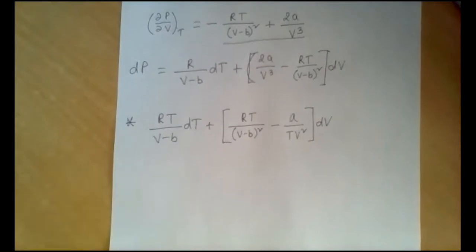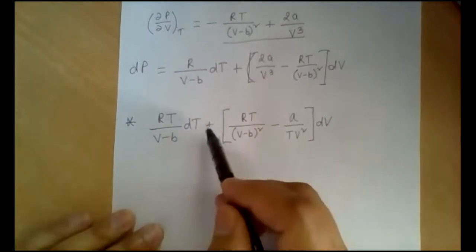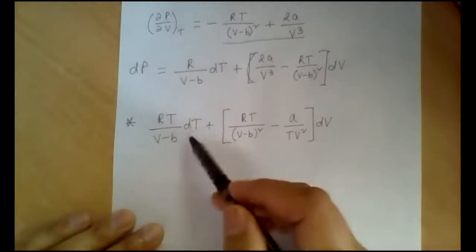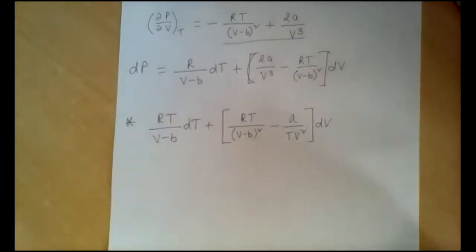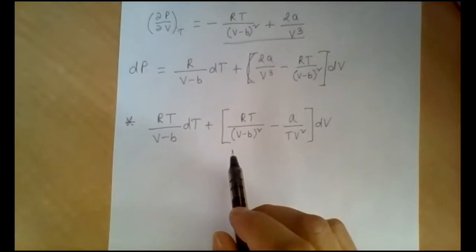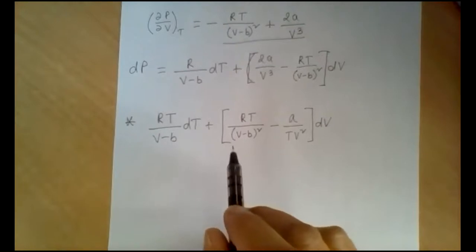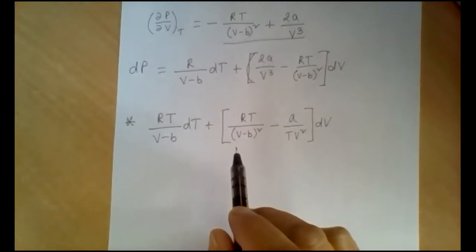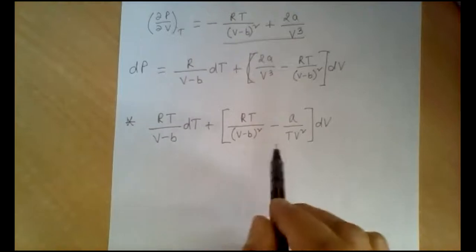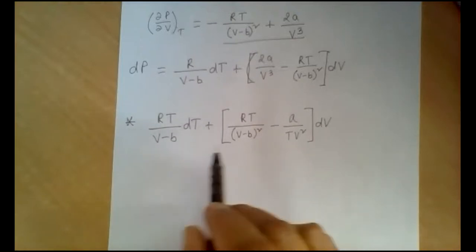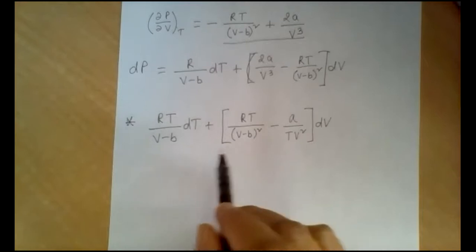If you compare this and this, these two are different. The question is: determine the equation of state that leads to this equation. Find the function P which leads to this expression as its total differential.